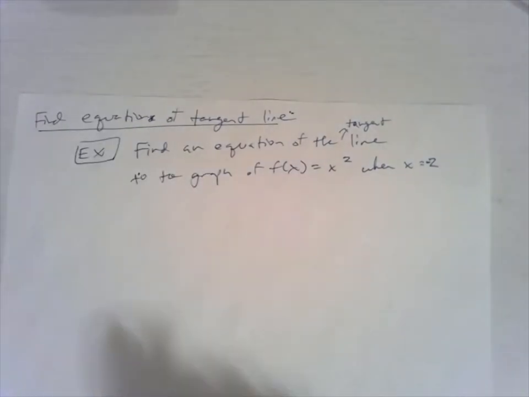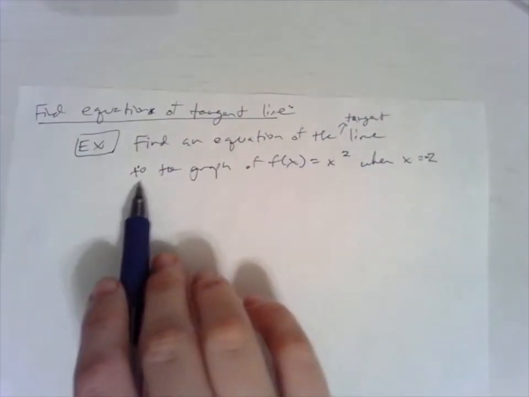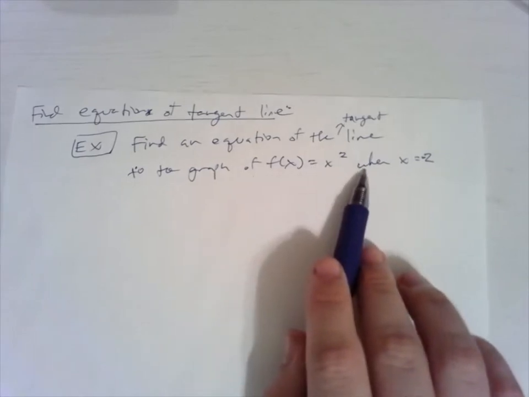Okay. Find an equation of the tangent line to the graph of f of x equals x squared when x equals negative 2.